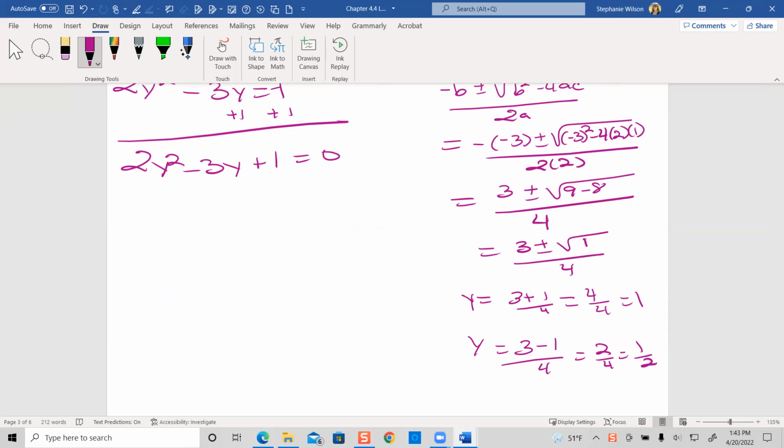Before I get in too big of a hurry, I got sine of x is equal to 1, and I got sine of x is equal to a half. Let's find its inverse so I can get x by itself.